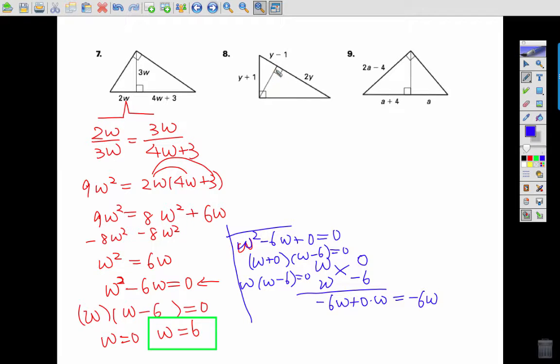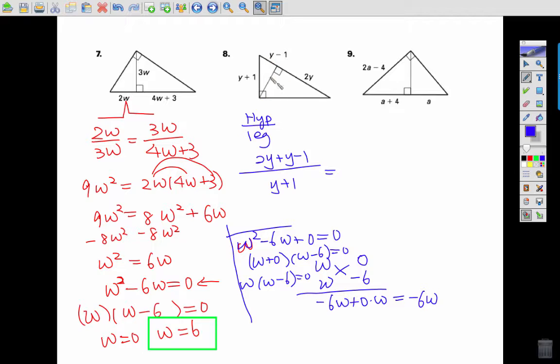Same thing here. I don't have information about the altitude, so let's go for the legs. Hypotenuse over one of the legs. Make sure you have corresponding legs. My hypotenuse in the biggest triangle is 2y plus y minus 1. My leg over there is y plus 1. Now I can look at the middle triangle, but I'm going to just end up getting stuck because there's not enough information about this side and this side.